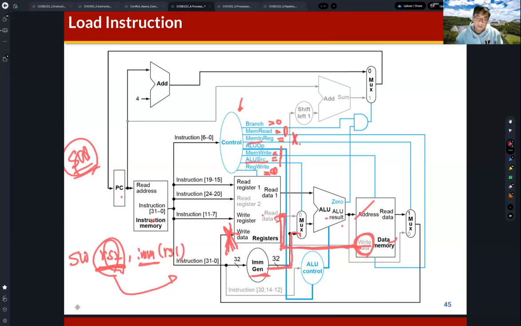And I explained the required steps for executing an instruction: instruction fetch, instruction decoding, register read, execution by the ALU, memory access, and writing the data to the register file.